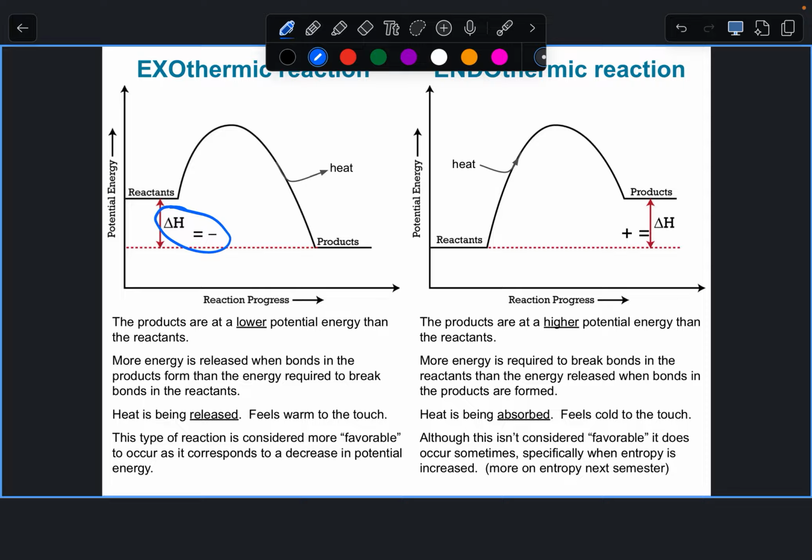Or another way of saying that is that the products are at a lower potential energy than the reactants are. So that's this one here. Physically, this will register as warm in the surroundings because that heat is coming off, and either you'll measure it with a thermometer, or you'll physically feel that it's warm.